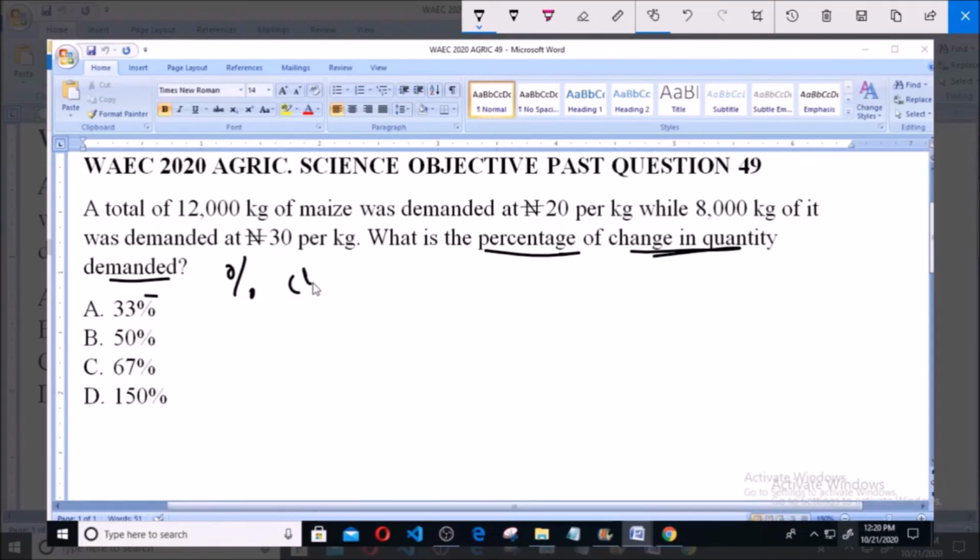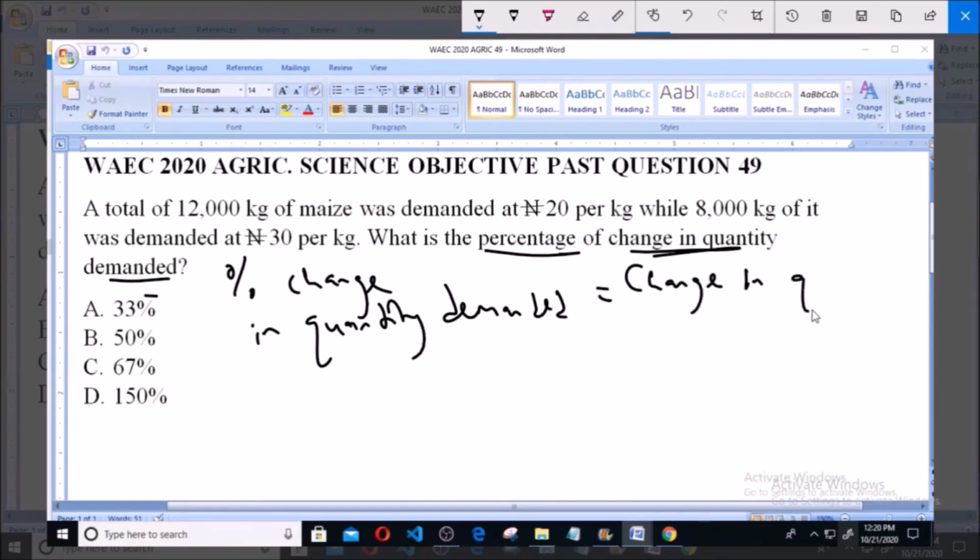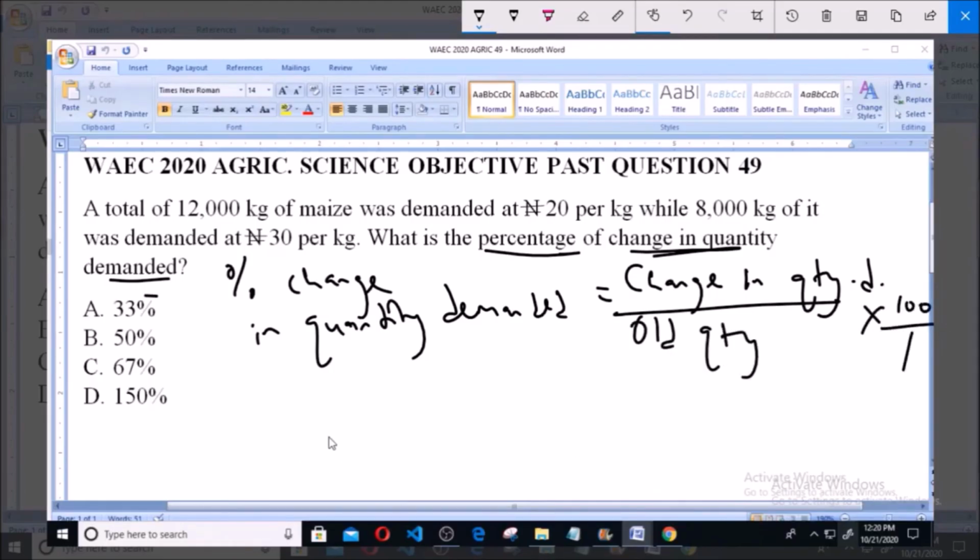Now percentage change in quantity demanded is given by change in quantity demanded divided by old quantity multiplied by 100 over 1. The change in quantity is the new quantity demanded minus the old quantity demanded.